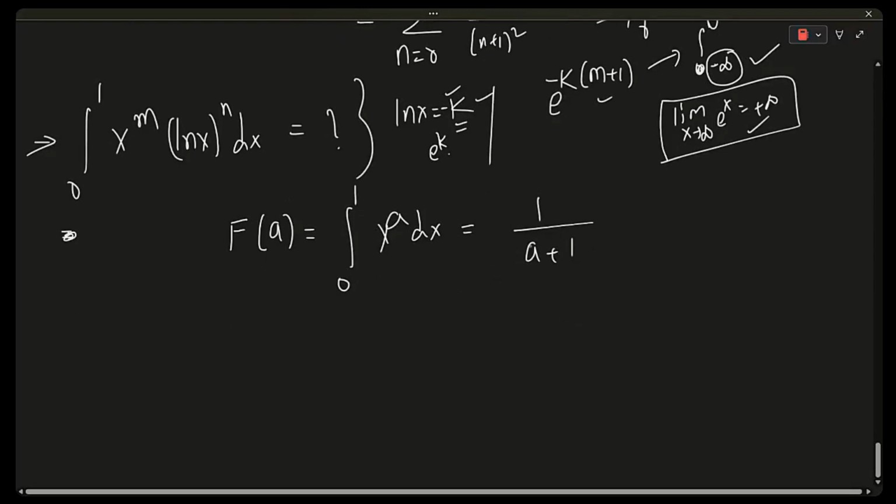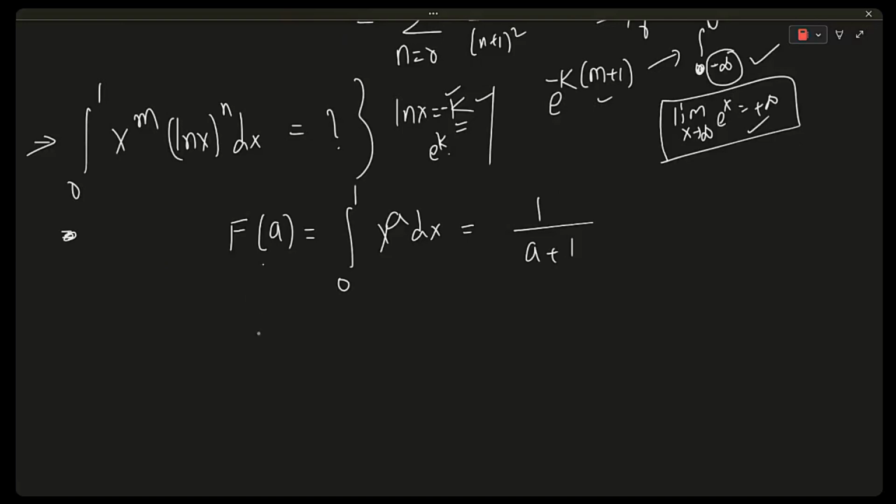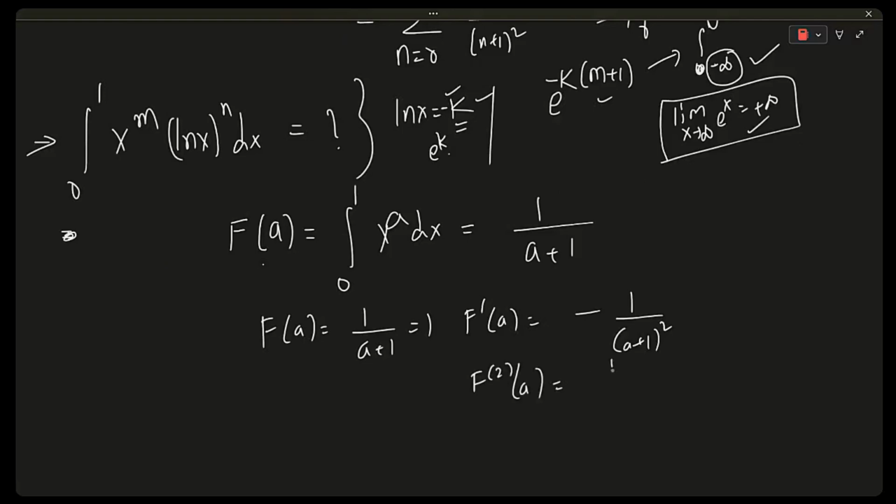Now, just think if we were to differentiate f of a, which is 1 by a plus 1. If you differentiate it once, what will you get? F dash a equals to minus 1 by a plus 1 whole square. If you differentiate it again, what will you get? It should basically be 2 by a plus 1 whole cube.